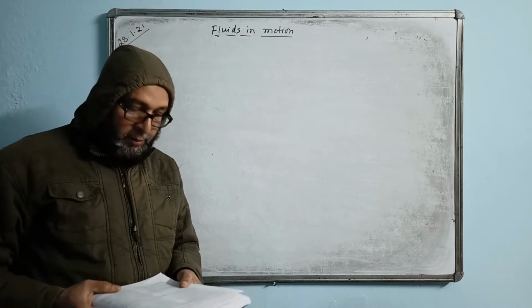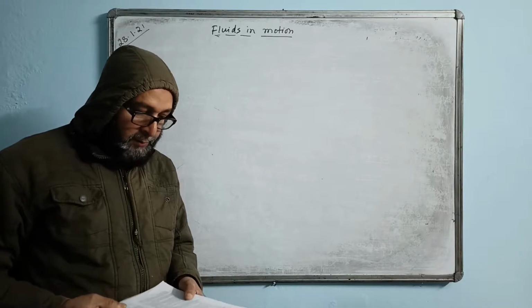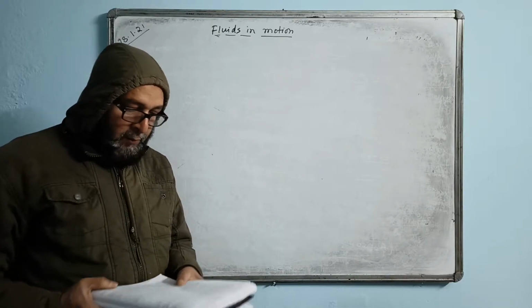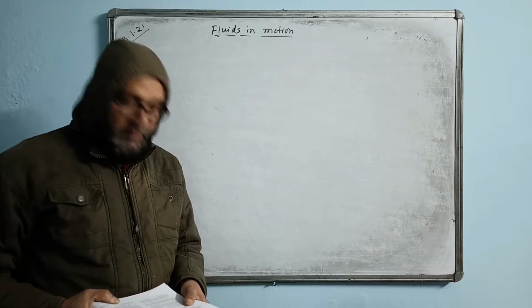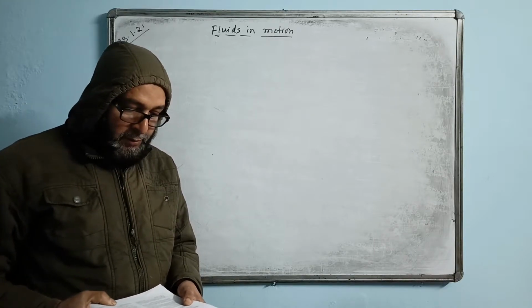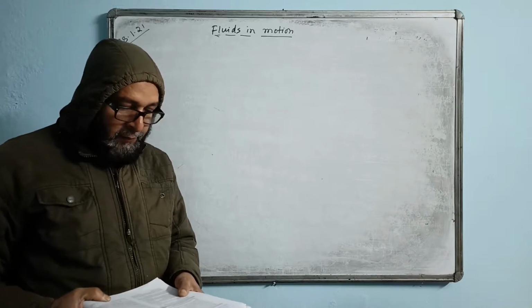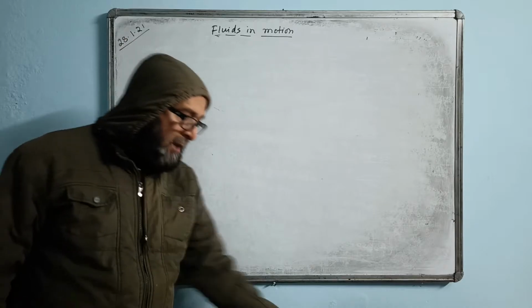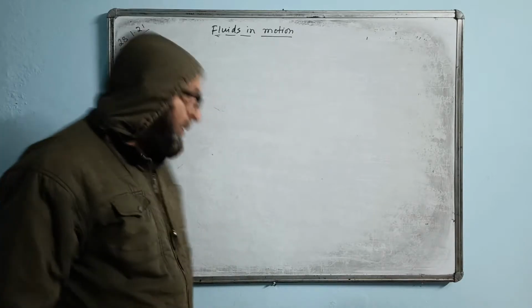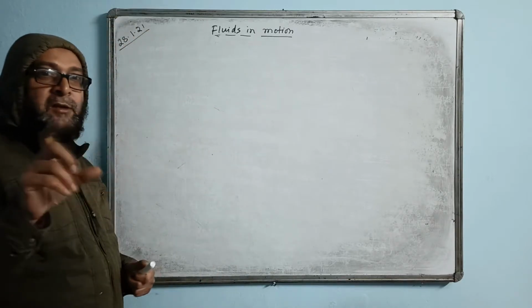What is the speed of water at a point where the pipe tapers to a diameter of 7 millimeter? So there are two different cross sections in the pipes given.